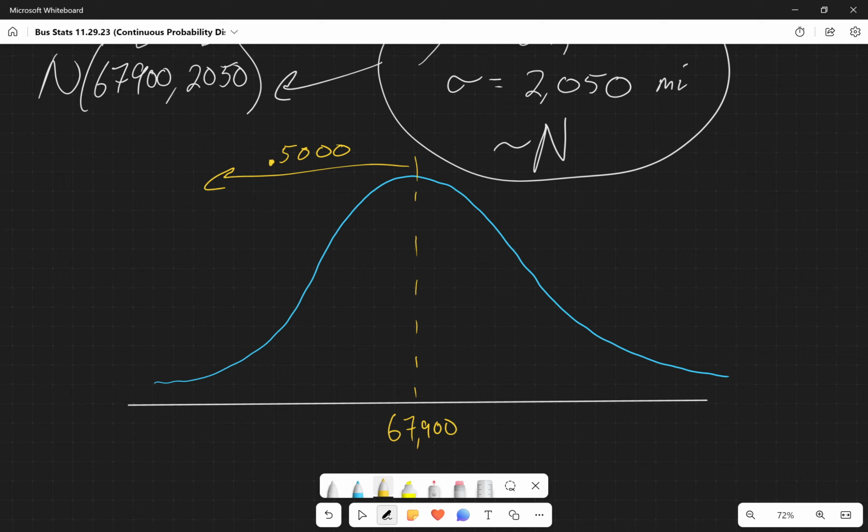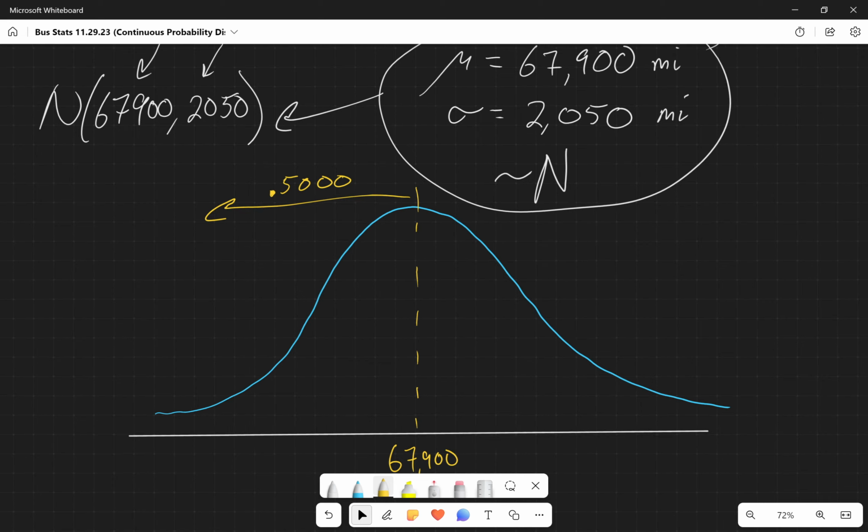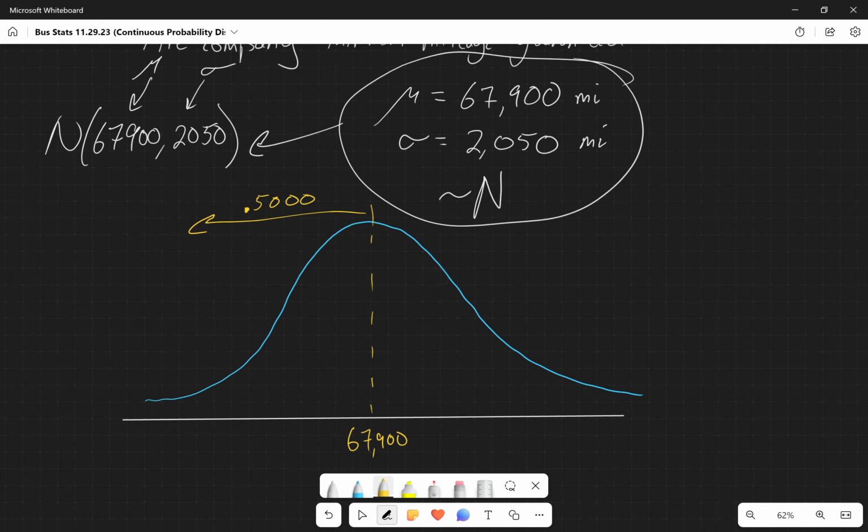So we are asked the minimum mileage so that no more than 4% of tires are replaced. So the minimum mileage for the guarantee, right?